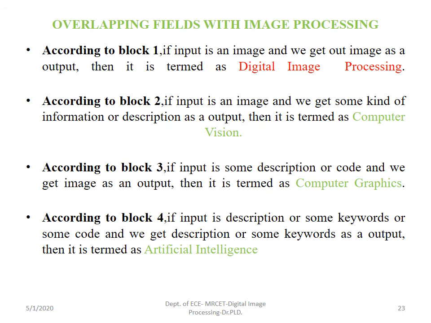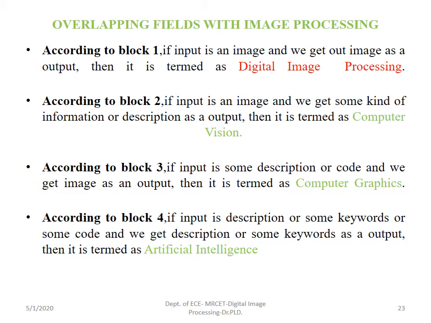Okay, so now overlapping fields with image processing. Let us see here. According to block 1, if the input is an image and we get an image as output, then it is termed digital image processing. According to block 2, if the input is an image and we get some kind of information or description as output, that is computer vision.